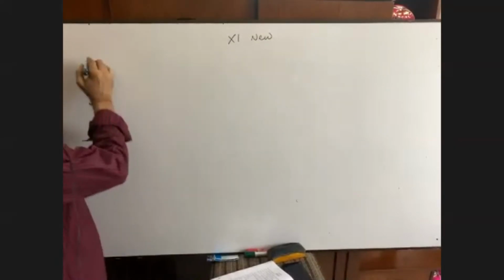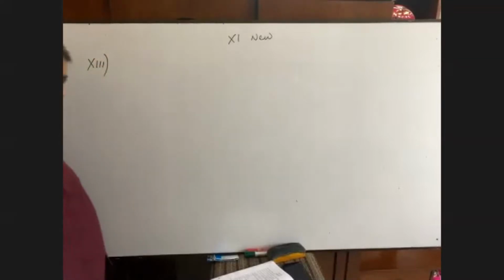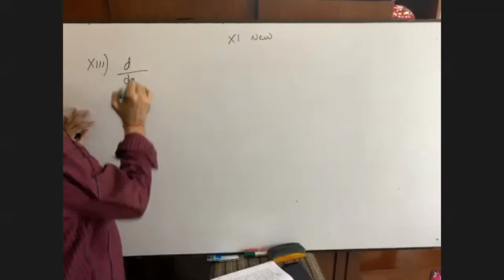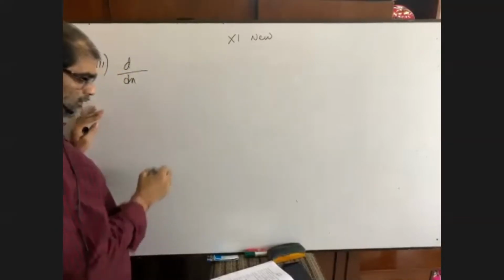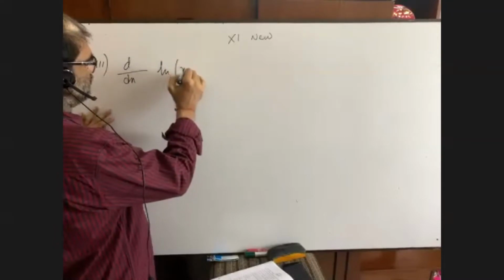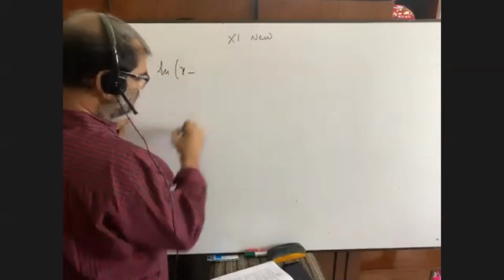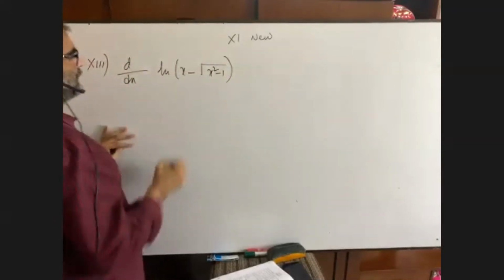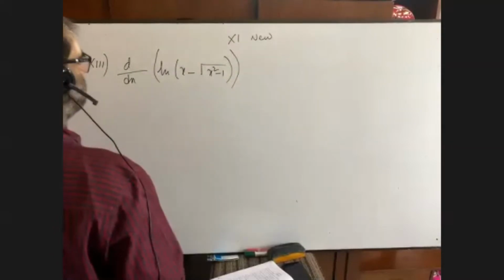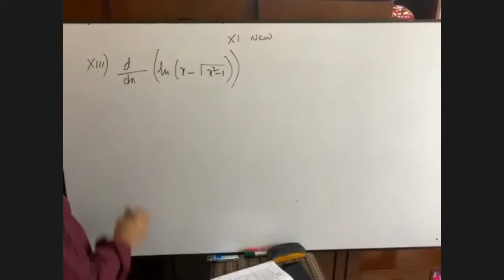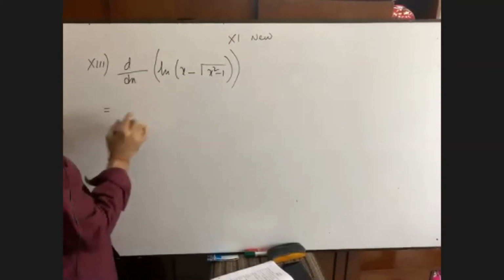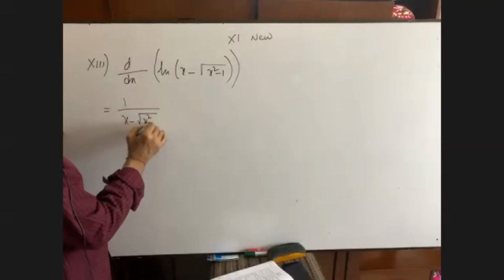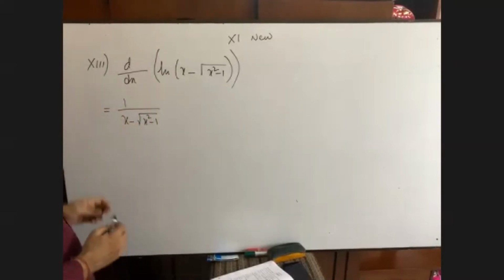Sorry, not that 13. d by dx of ln of x minus root over... Can you do it? Let us try. What is ln x? 1 by x. It is ln x, 1 by x.